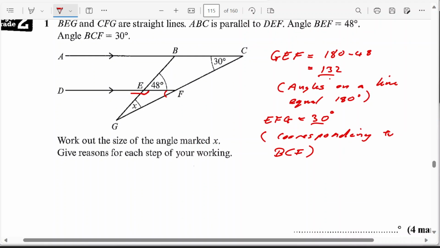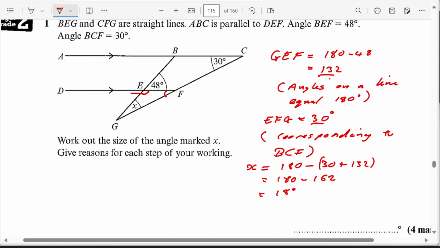So I'm going to say that X is going to be equal to 180 minus (30 plus 132). I'll put that in brackets. So it's going to be equal to 180 minus 162, which is going to give me 18 degrees.